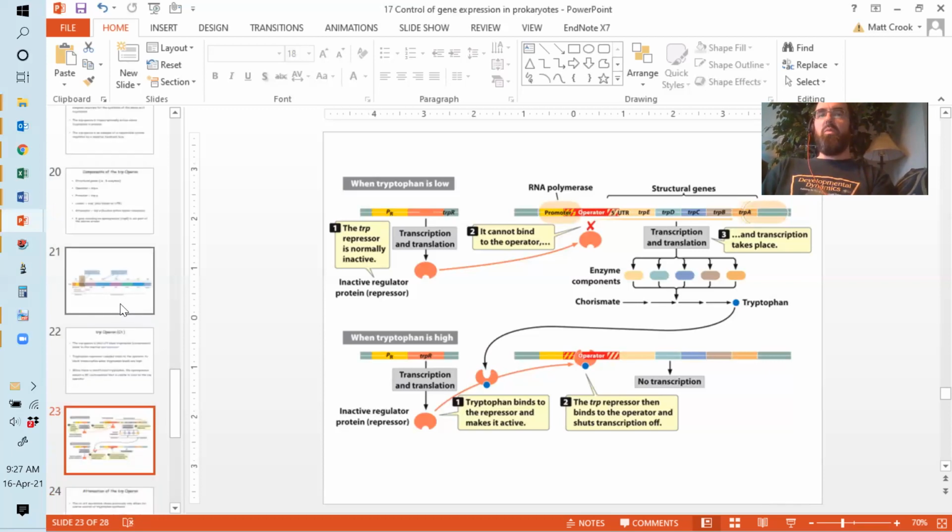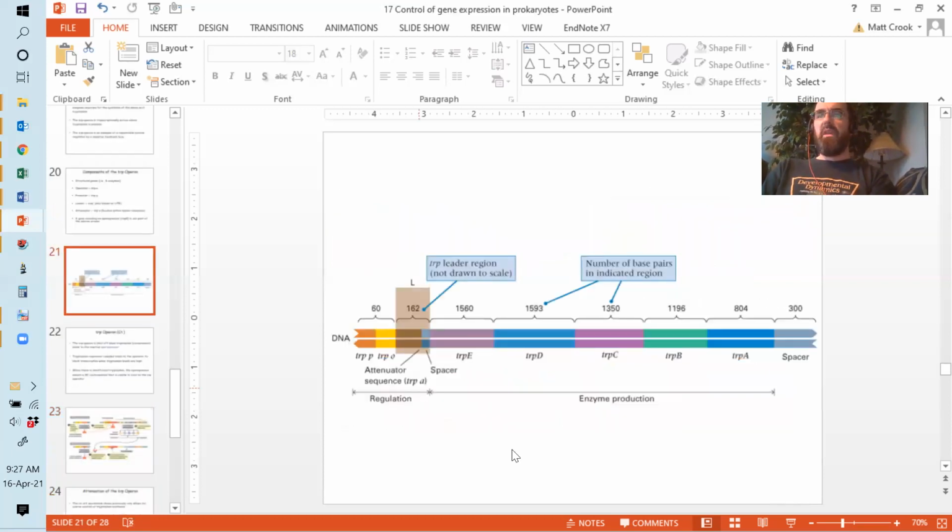And so what we're looking at is a short stretch of sequence between the trip operator and the first structural gene, which is TRPE. This is called the leader region. Remember, TRPO is where the TRPR, the TRP repressor protein, binds.